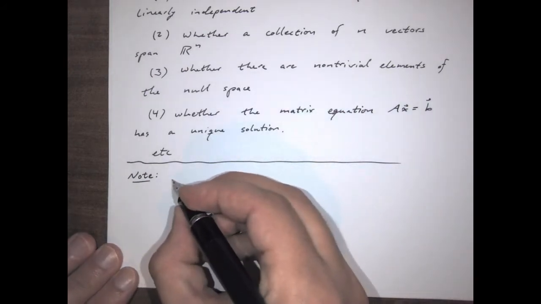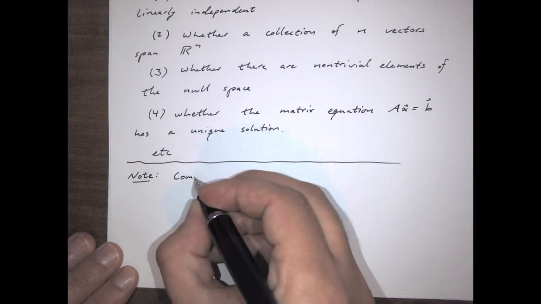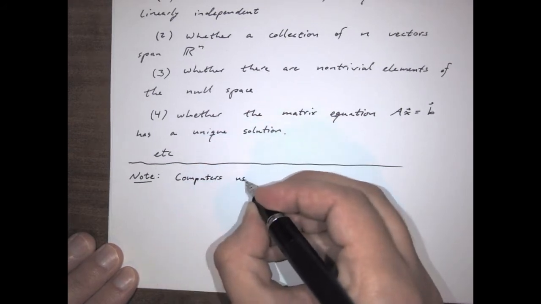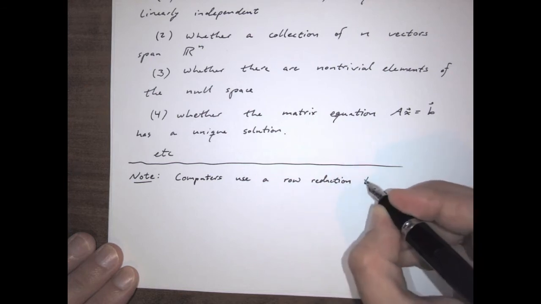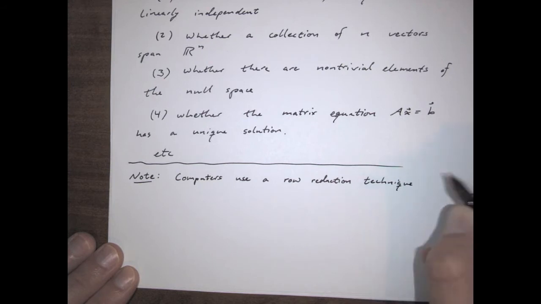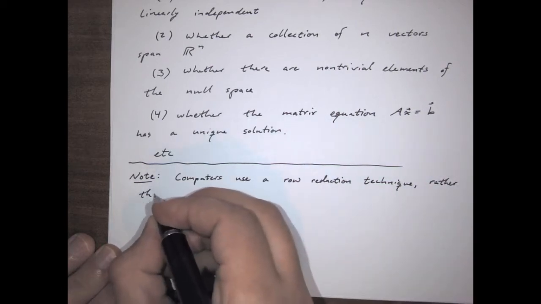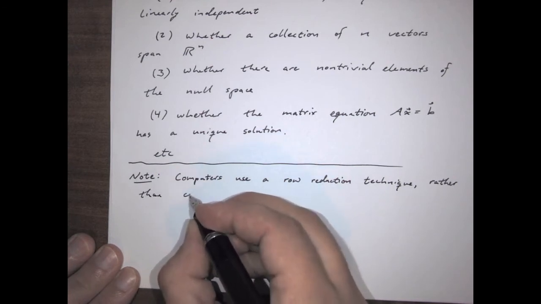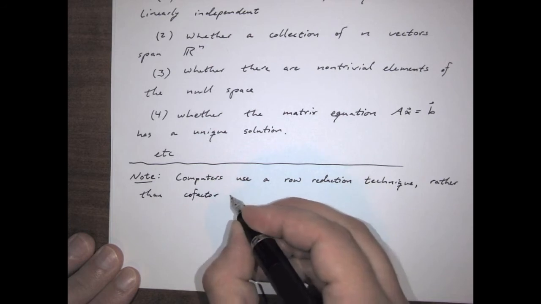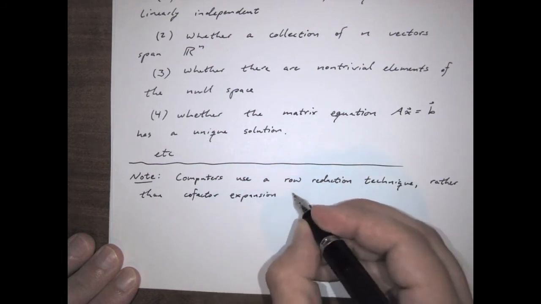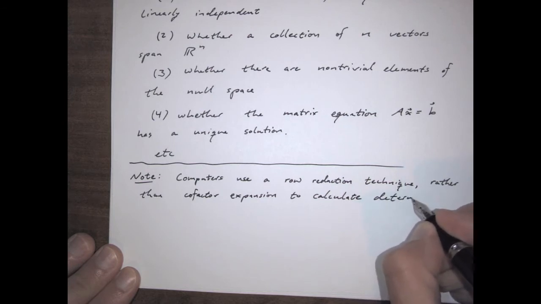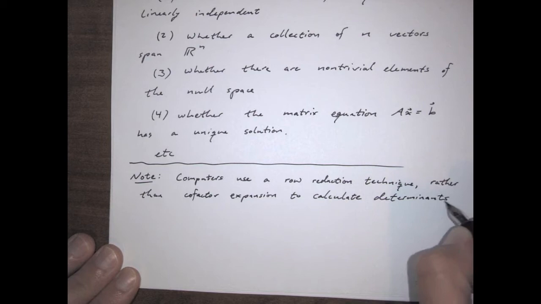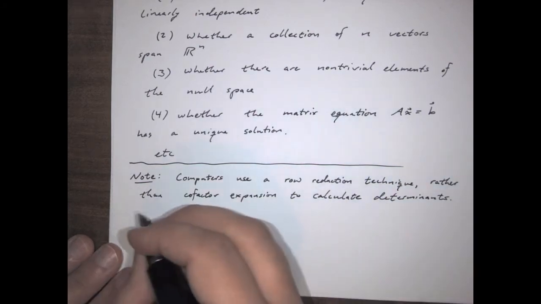So note, computers and calculators use a row reduction technique rather than cofactor expansion to calculate determinants, and the reason is because it's much more efficient.